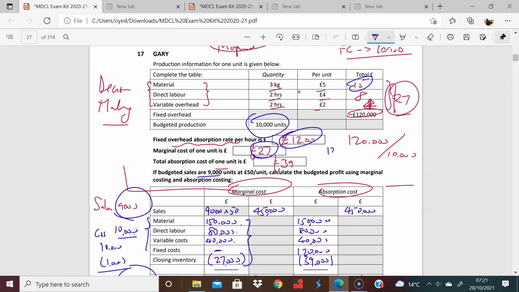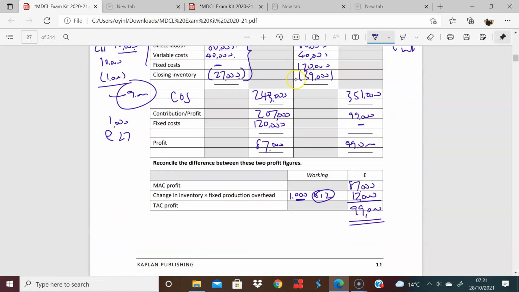So basically, per hour, it's 120,000 over 10,000 units times the labor hours of two. So that's £6 per hour. It's the same thing. We're assigning 2 hours to every unit. So whether I say 1,000 times 6 times 2, I'm still going to get 12. So you can see, I think it's better you've seen me do it both ways.